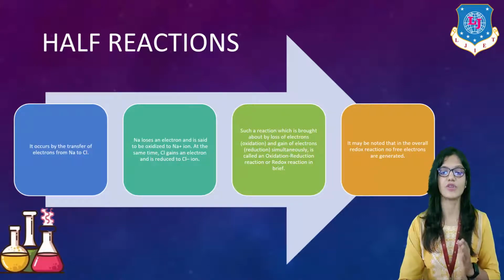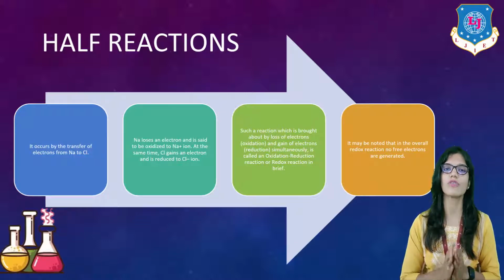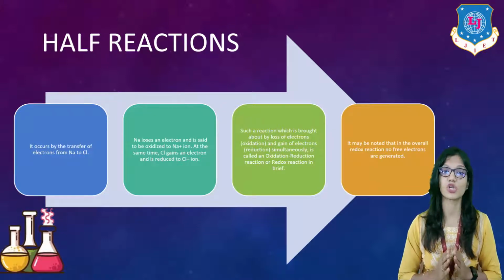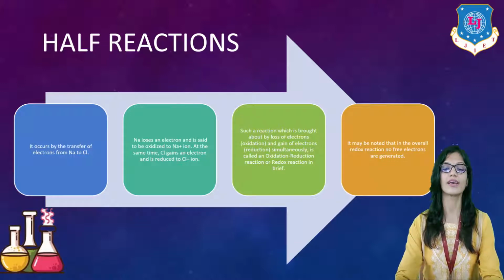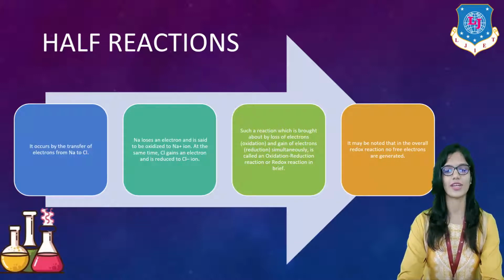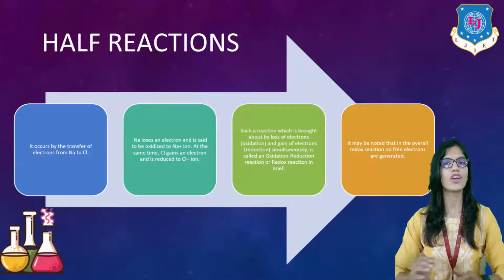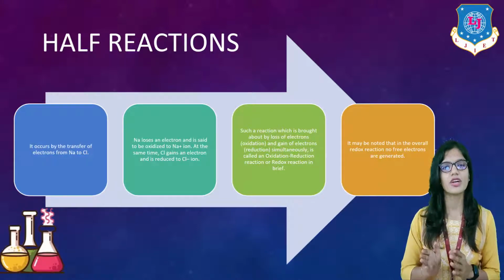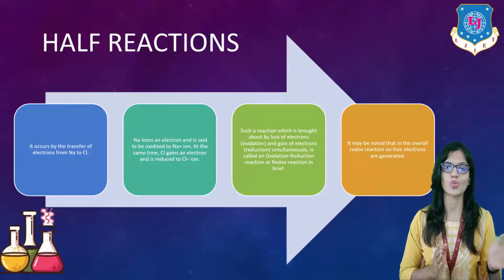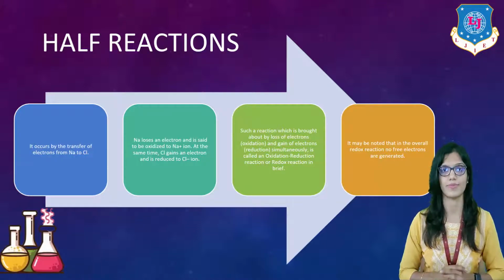Such a reaction, which is brought about by loss of electrons, also known as oxidation, and gain of electrons, also known as reduction, simultaneously, is called an oxidation reduction reaction, or a redox reaction in brief. So redox stands for reduction oxidation reaction. So both are combined in redox form.